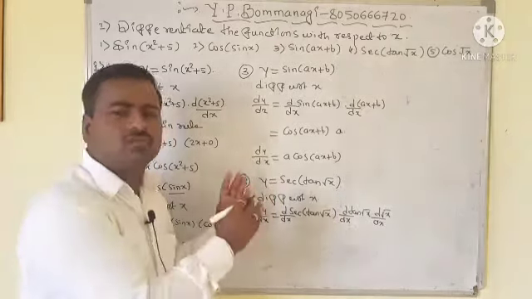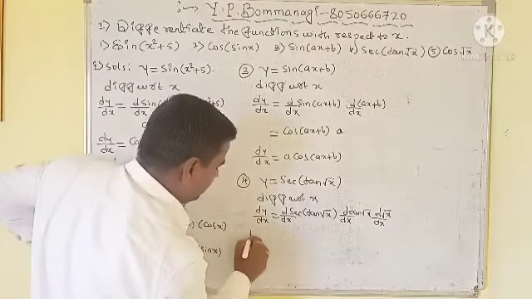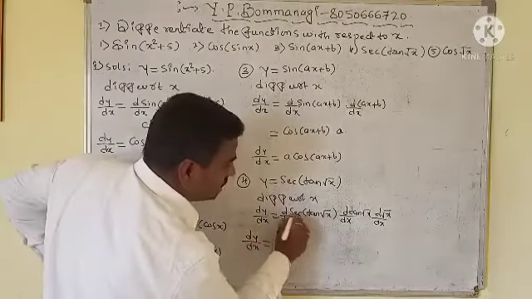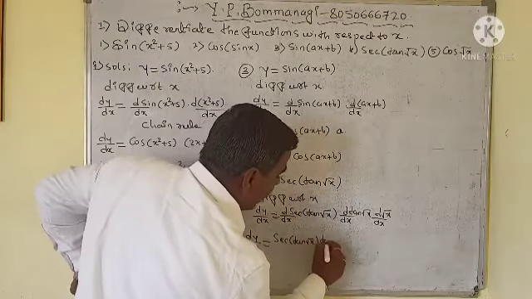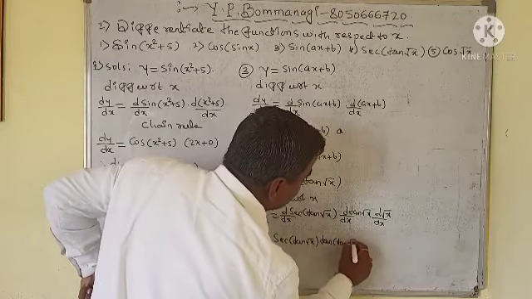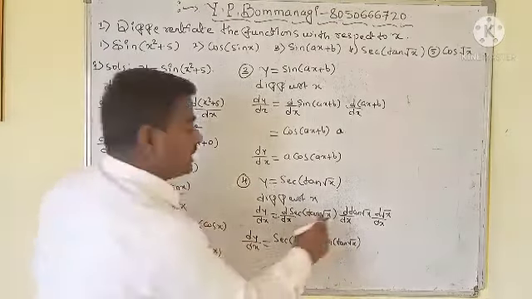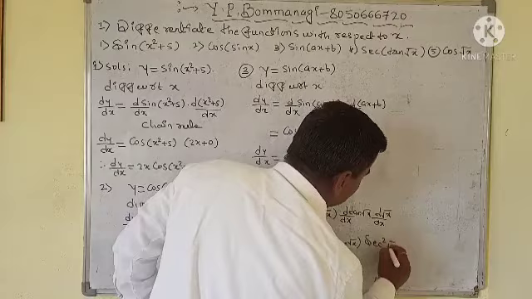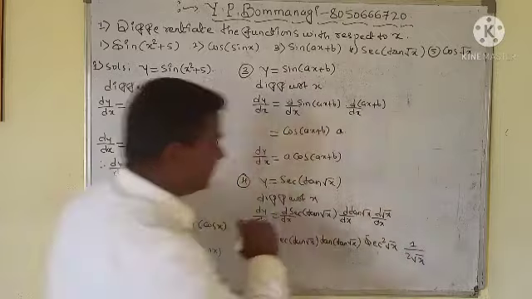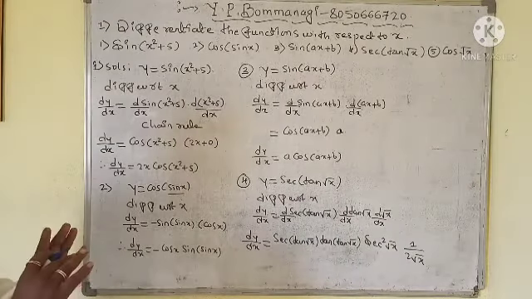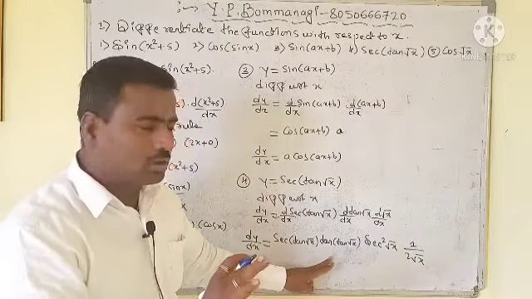So dy by dx is sec of tan root x times tan of tan root x. The differentiation of sec is sec x tan x. The differentiation of tan x is secant square. And the differentiation of root x is 1 by 2 root x. Hence the required equation. This is the simplification. Don't multiply; these are individually separate, they are not common values.